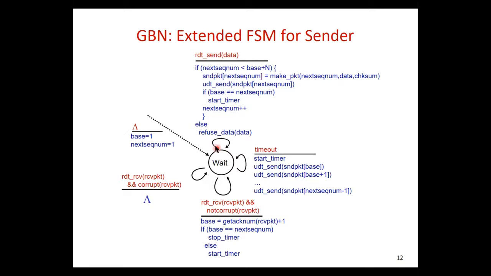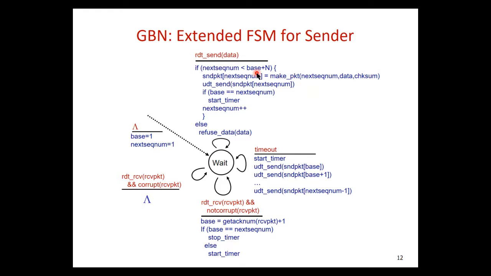The first thing that may happen is there's data to be sent. Now the first thing the sender needs to do is to check that it is allowed to send, that the window is not exhausted. This is how it can check: it checks that the next sequence number is within the window.